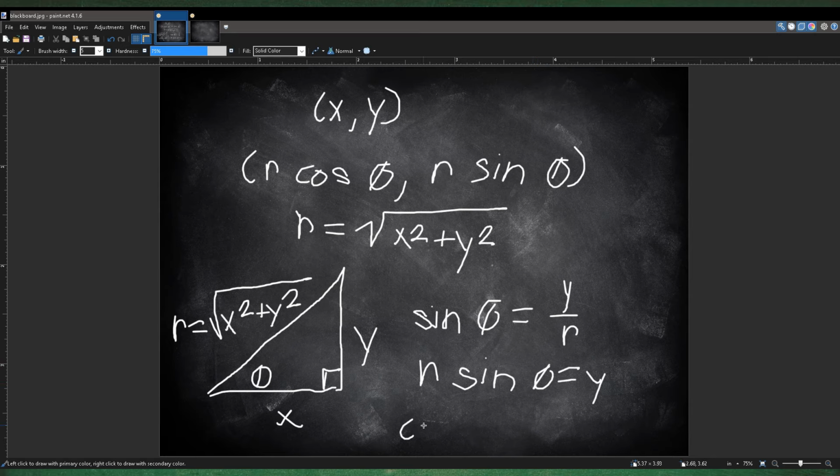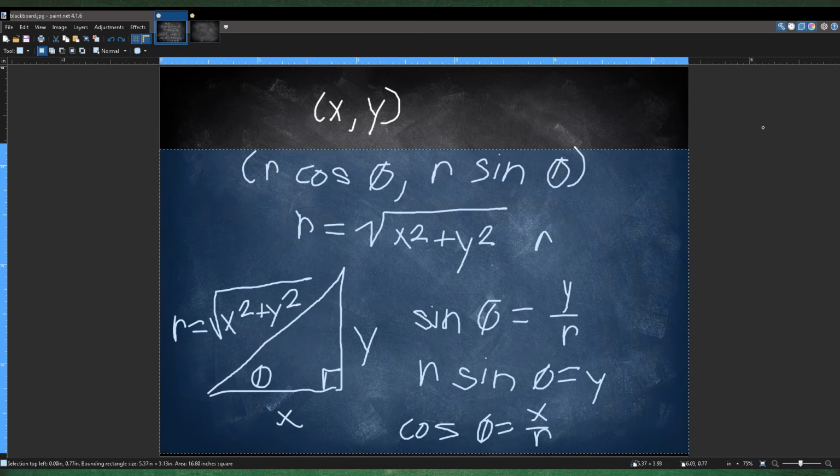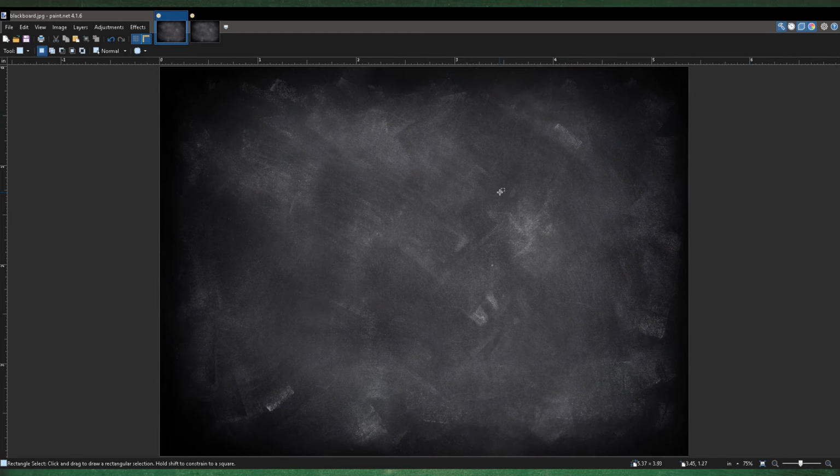And the same thing could be said because cosine of theta is the same thing as x over r, so you can rewrite that as r cosine of theta is equal to x. And so that's how you get the coordinates. That's how the conversions will work from rectangular to polar.